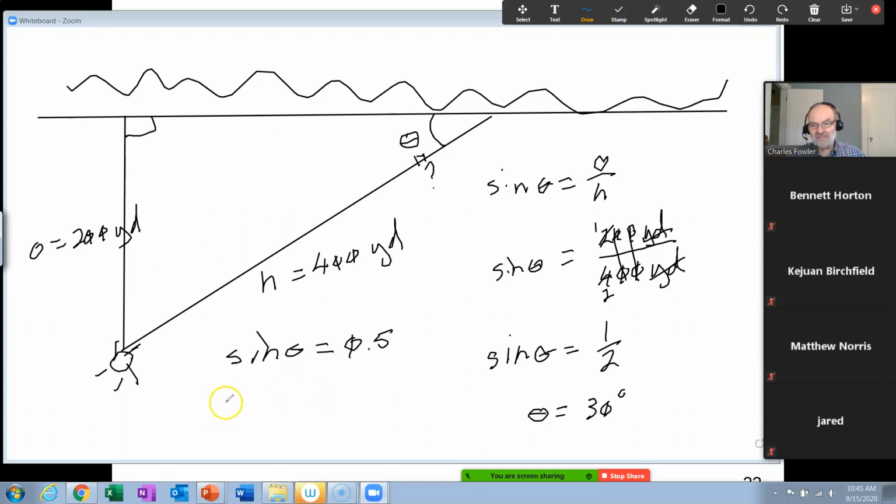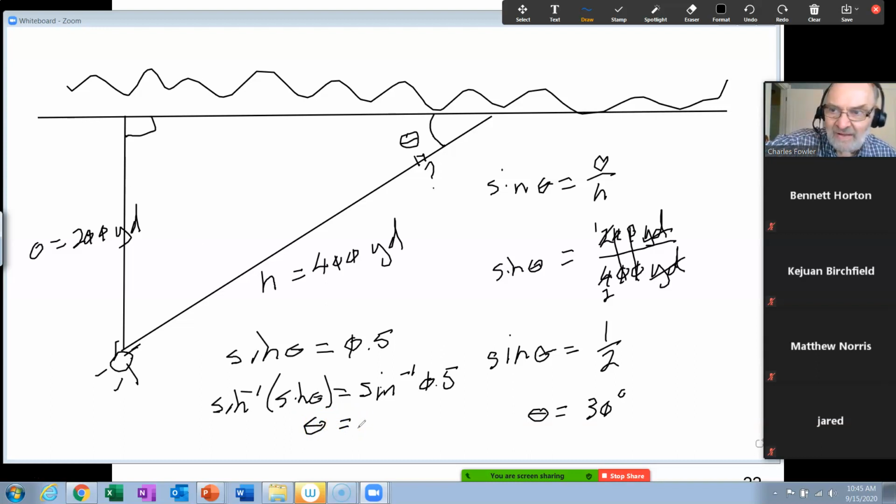So if you took the inverse sine of the sine of theta, you'd have to take the inverse sine of 0.5 on both sides. The inverse sine undoes the sine, so you're left with the angle theta, and that's equal to inverse sine of 0.5.